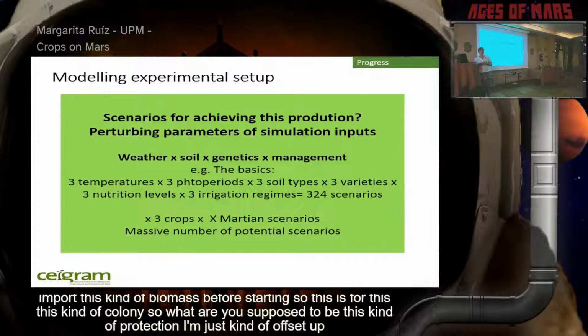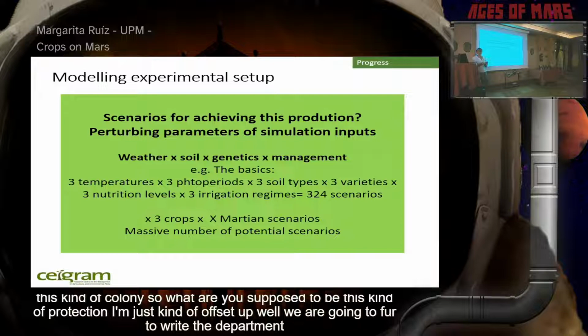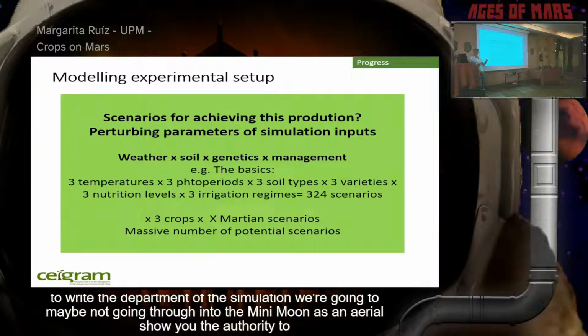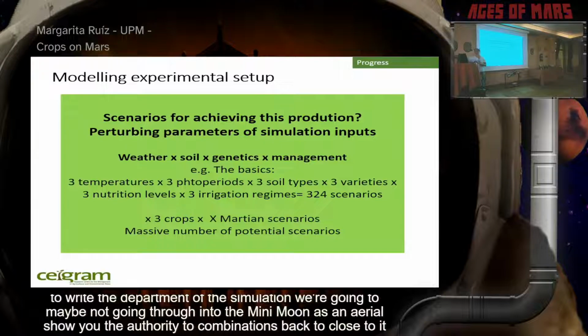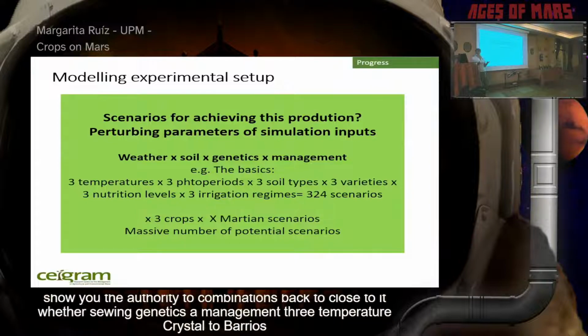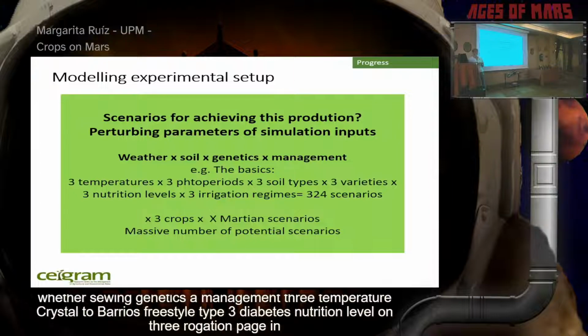Well, we are going to perturb the parameters of the simulation inputs. We are maybe not going to the minimum scenario I showed you, the 32 combinations, but close to it. Just perturbing weather, soil, genetics, and management: 3 temperatures, 3 photoperiods, 3 soil types, 3 varieties, 3 nutrition levels, and 3 irrigation regimes.